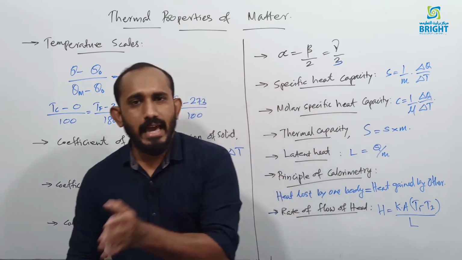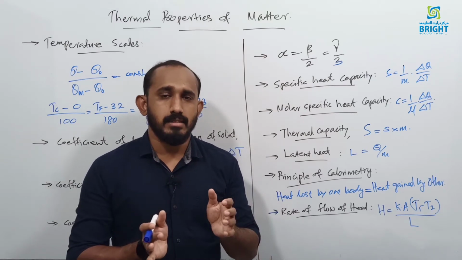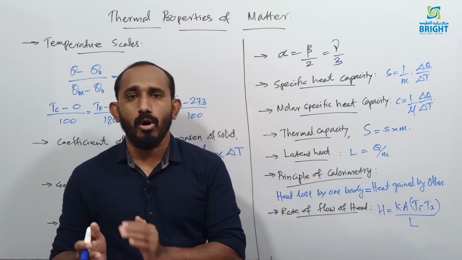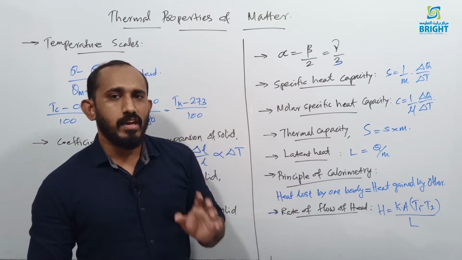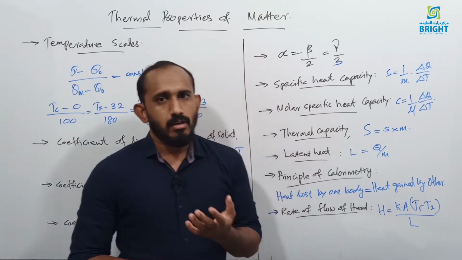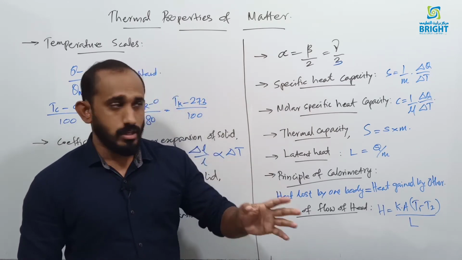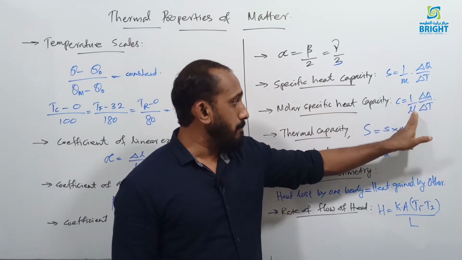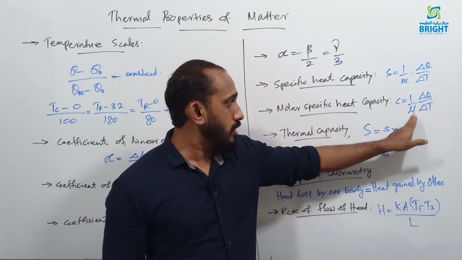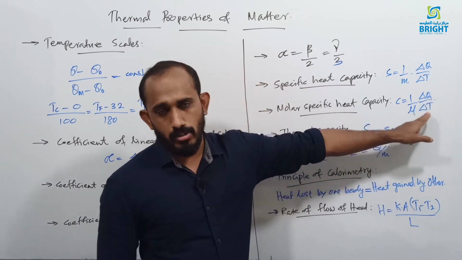Now, if you come to gases or fluids mainly, we express the mass or quantity in terms of moles. Then we have molar specific heat capacity. The amount of heat absorbed or released for 1 mole of substance to change its temperature through 1 degree Celsius or Kelvin, we call the molar specific heat capacity. C is equal to 1 by mu, where mu is the number of moles, into delta Q by delta T. So it is the amount of heat supplied by change in temperature.